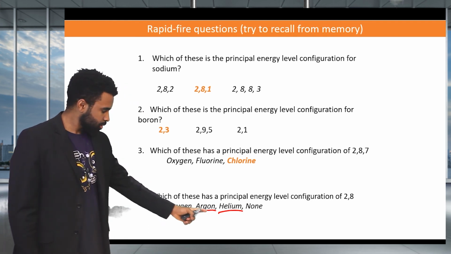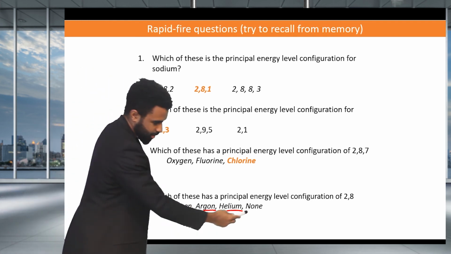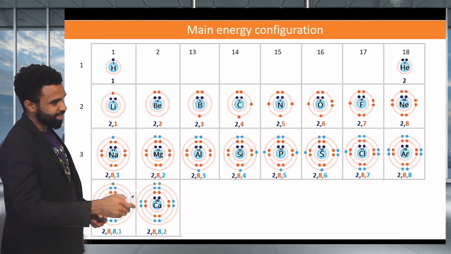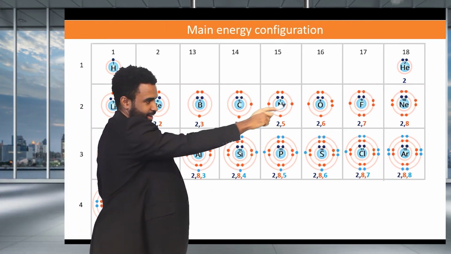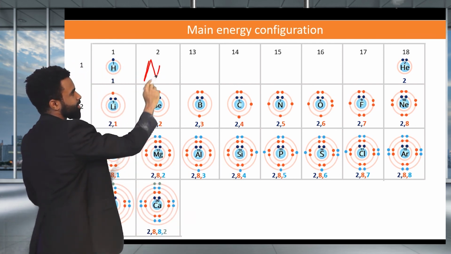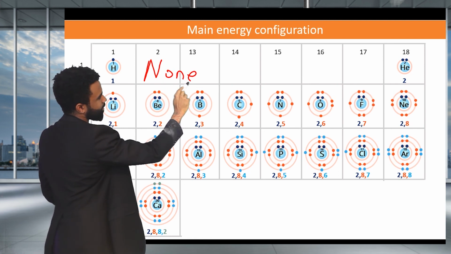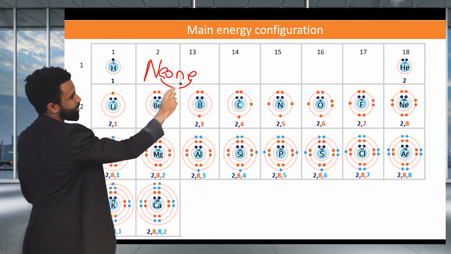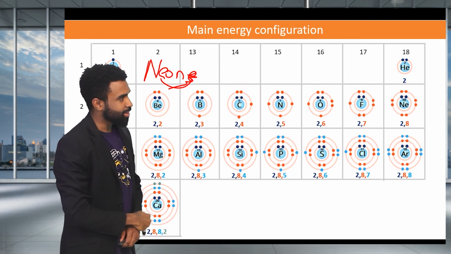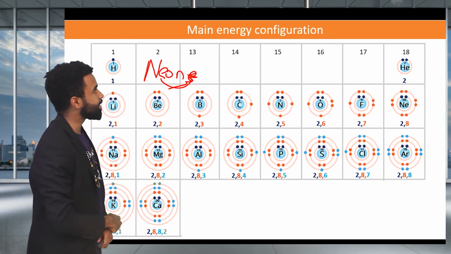So it must be none, right? Or neon. The answer is none here, but what it really is is neon, okay? Neon and none, if you move the E, it becomes neon. Anyways, the answer there is none, or if you like, neon.